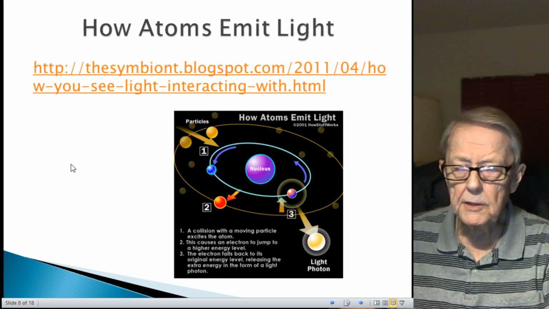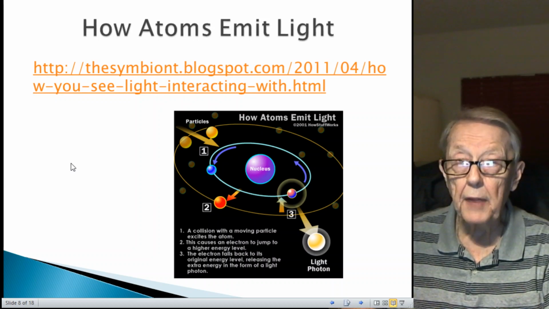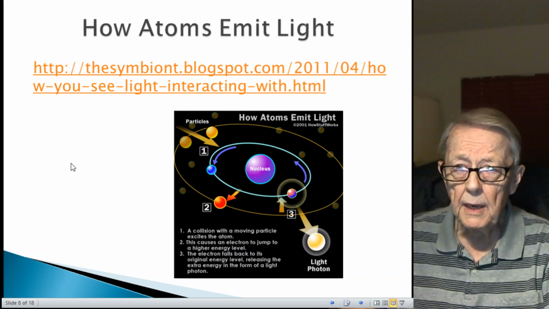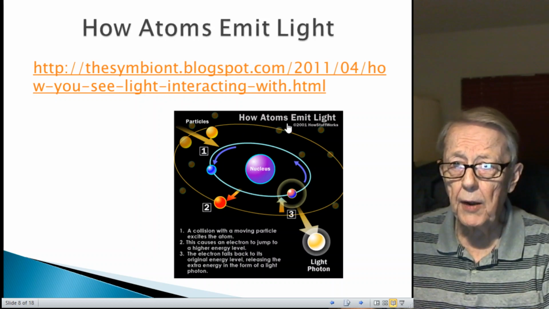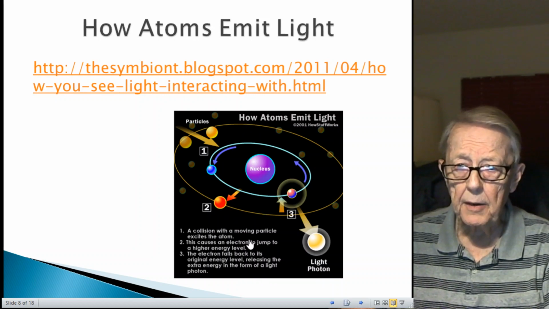Well, this is a slide that I showed in, I think, both of the videos on the candle and the light bulb. It explains how atoms emit light, and it gives 3 steps. I know you can't read this, but let me talk you through it.